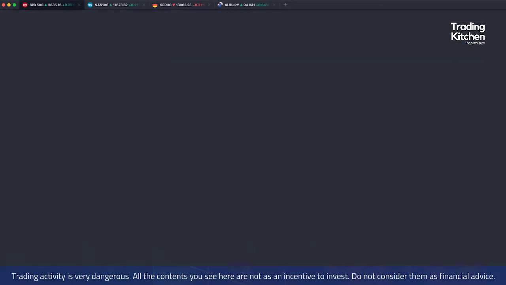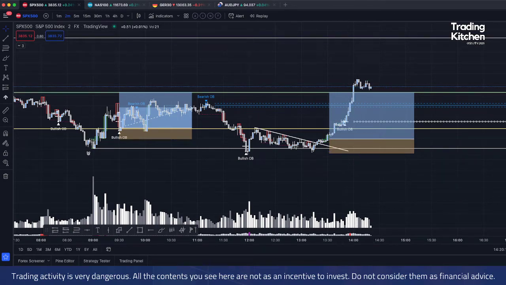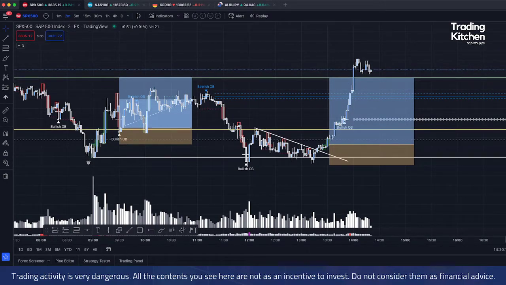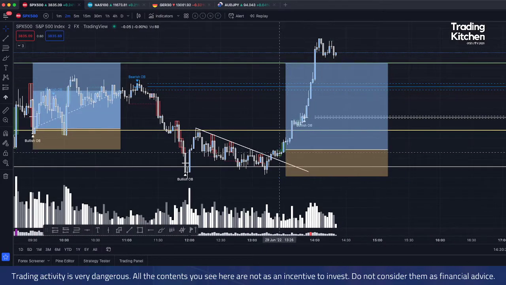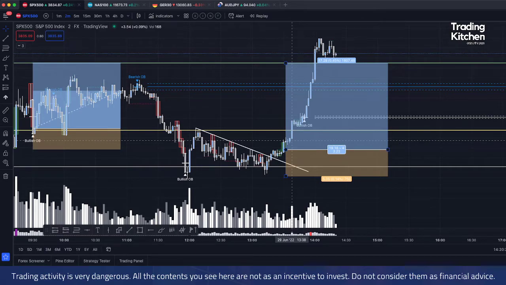I want to show you another trade, which uses the same logic and happened at the same time, this one on S&P. I was not in it because I'm double checking the DAX.